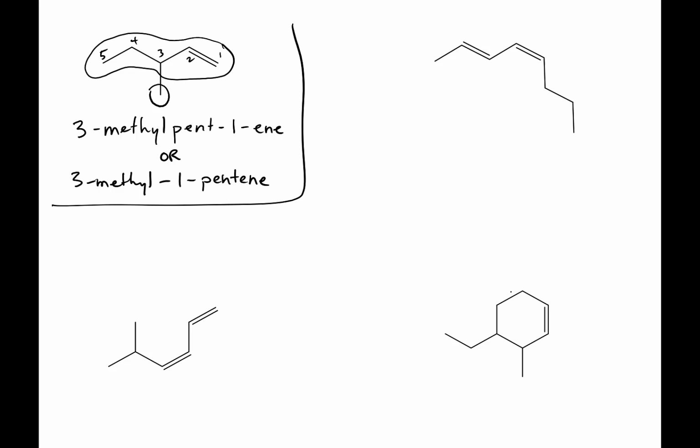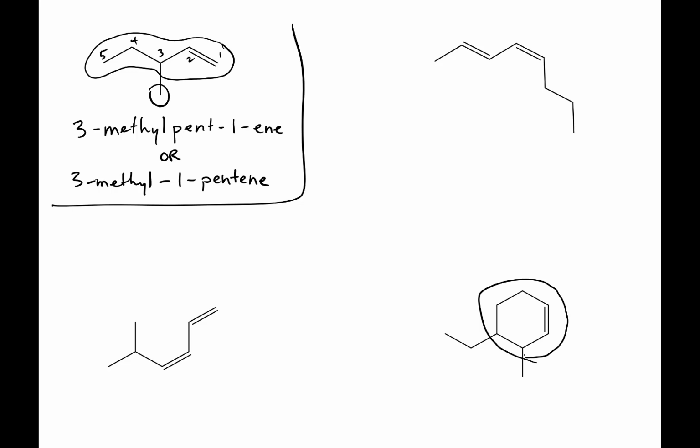So remember, unless we specify otherwise, that cyclic region is the parent. So the parent then would be this. So the question now is, how do I number my parent?